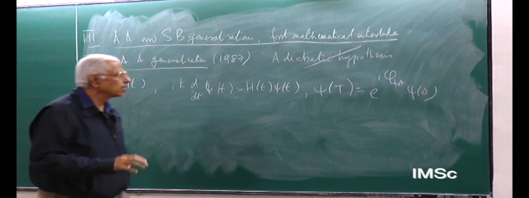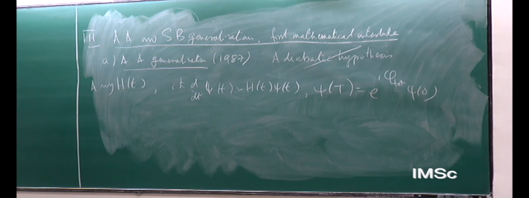Assume that somehow you have constructed an exact solution to the time-dependent Schrodinger equation, which starts with wave function psi at t equal to 0 being something, and at the end of some time capital T, psi of capital T is the same as psi of 0 apart from some phase. Then you say you have a cyclic solution to this Schrodinger equation.